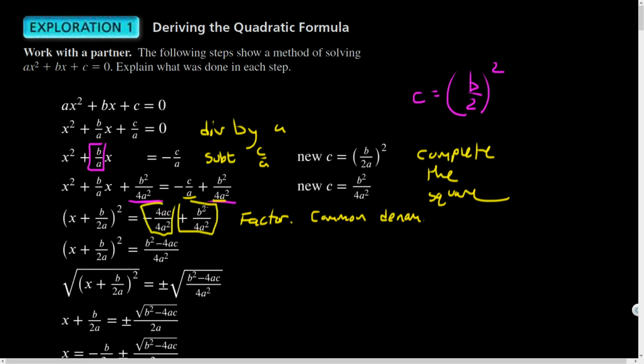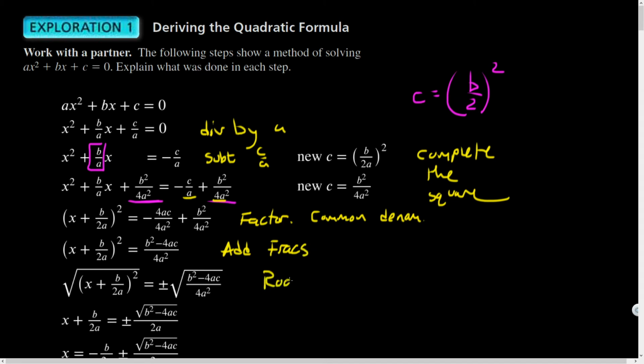And notice I did the b squared minus 4ac, I wrote that up top. And I could have technically written negative 4ac plus b squared in the numerator. It's the same difference. But this will become a familiar pattern expression to us right here. So that's why I wrote it in that order. So add fractions.